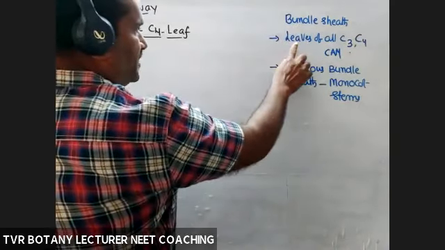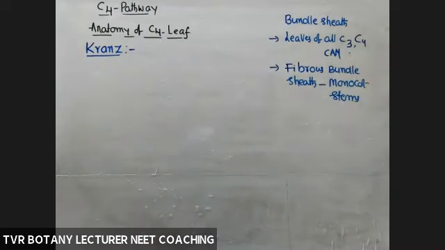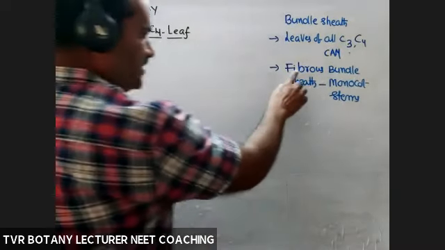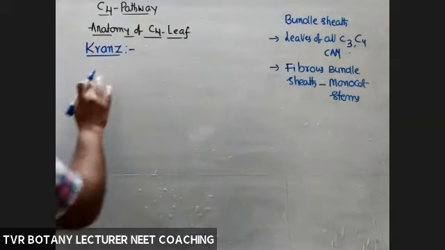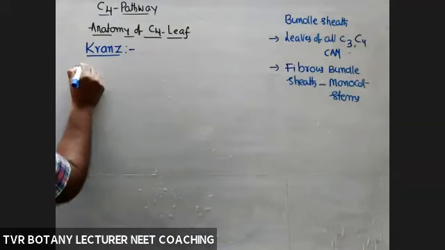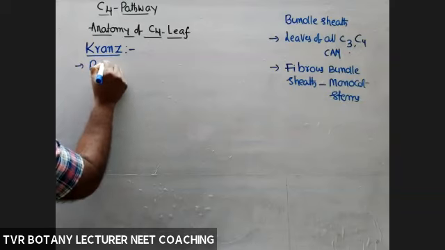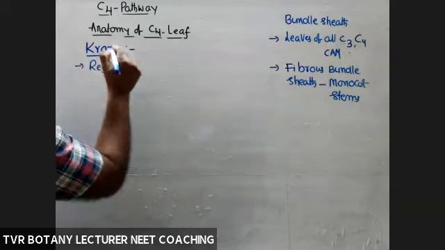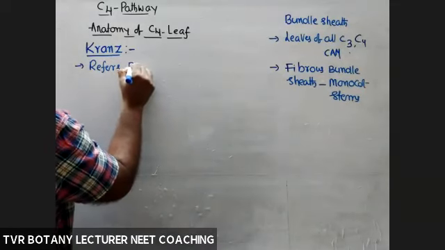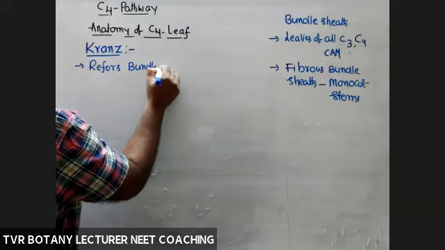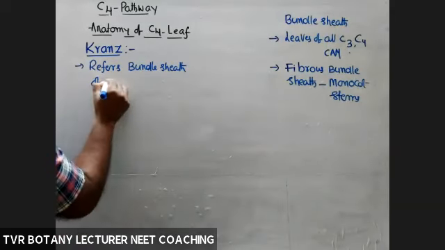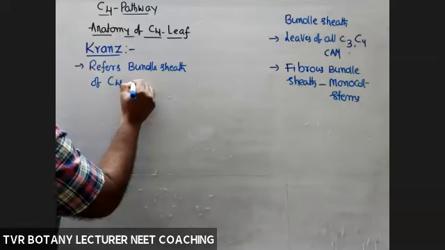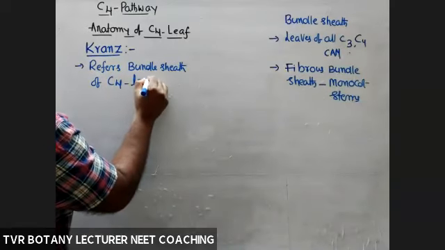The bundle sheath present in leaves is parenchymatous, whereas the bundle sheath present in a monocot stem is fibrous, sclerenchymatous. So, coming back to Kranz, it refers to the bundle sheath of C4 plants only, C4 leaves only.